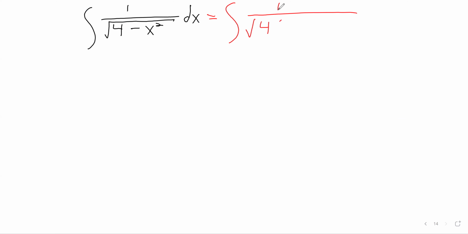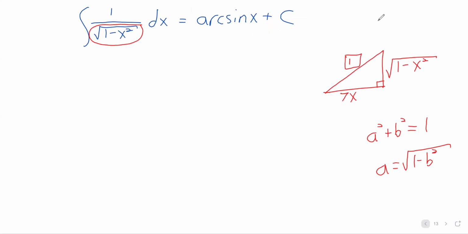Well, we could do this, and at first blush, it might seem like we're just kicking the problem down the road, because our formula has a 1 here, but it also just has an x squared.